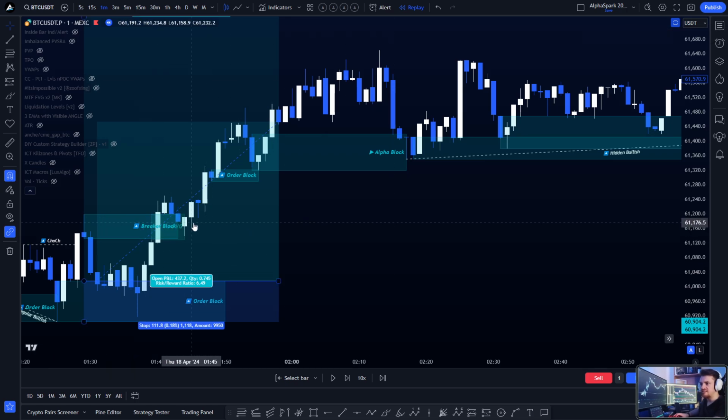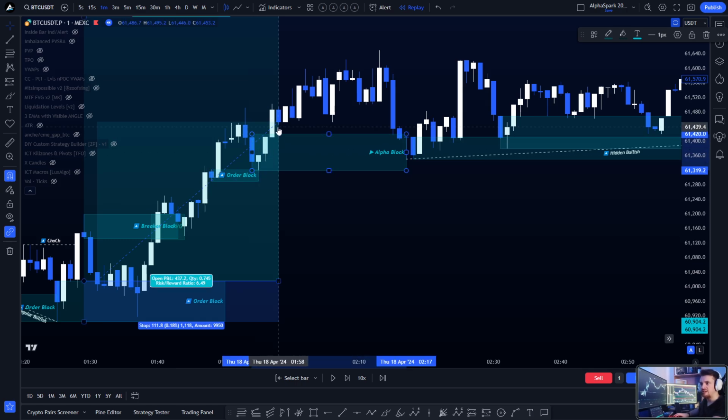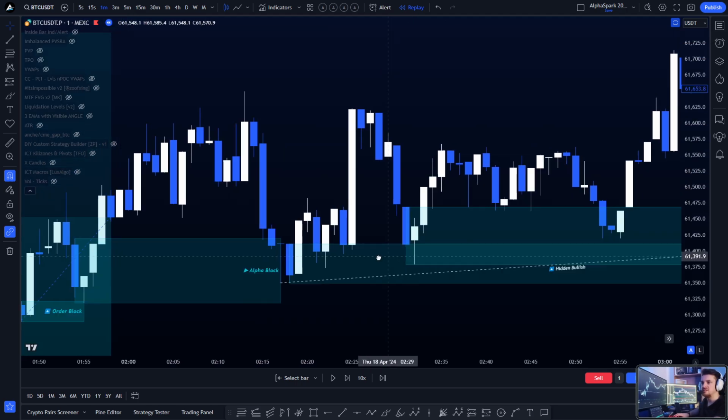Then after that, this would have been an order block followed by a fair value gap. This would have been an order block that would have given an entry. This would have been another order block followed by a gap. These guys, if you notice, don't have gaps after the blocks, so it makes sense for them to come for the only available FVG.